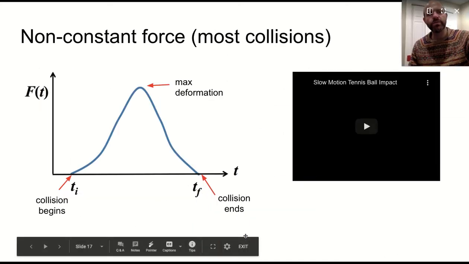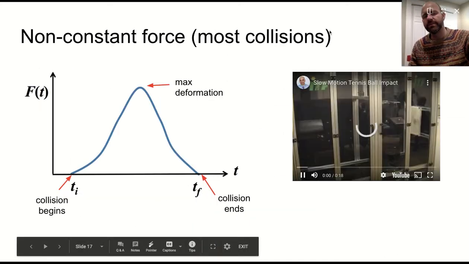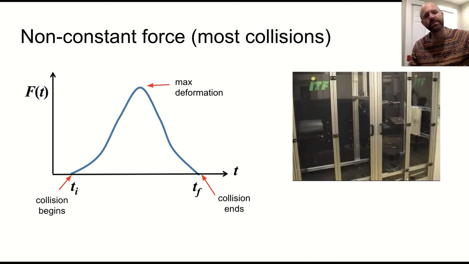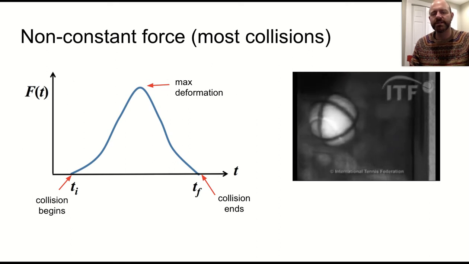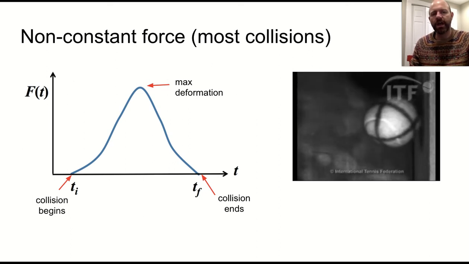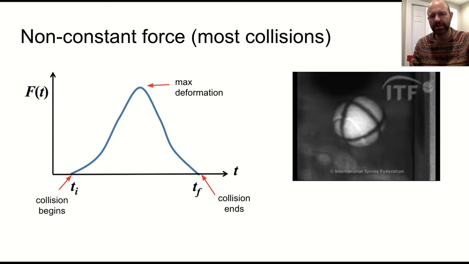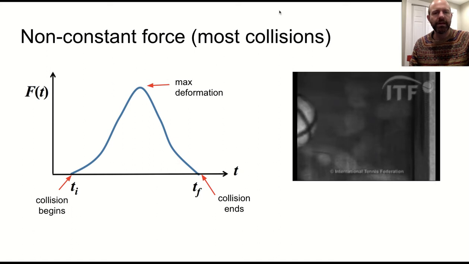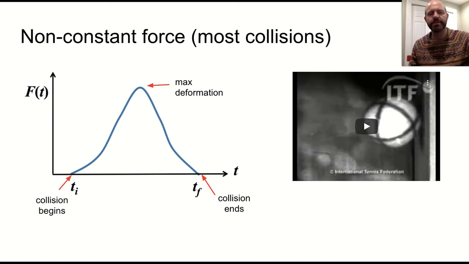And so if you were to graph this, you would look at something that looks like this. As it hits, you would have some sort of curve. It would not necessarily be perfectly shaped. It all depends on how that force depends on the deformation, which is not Hooke's law, although it could be approximated if you needed to. In that, you could just make this into a triangle for a rough approximation.